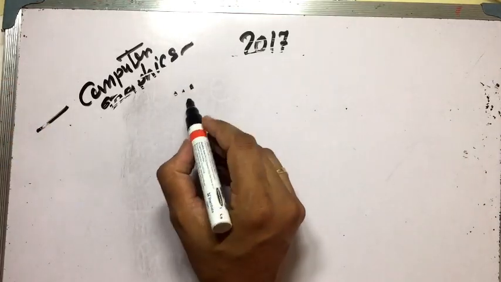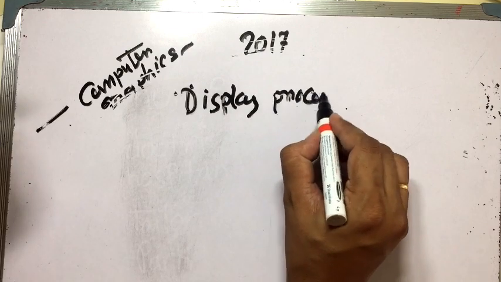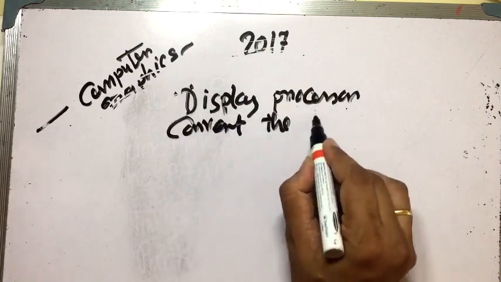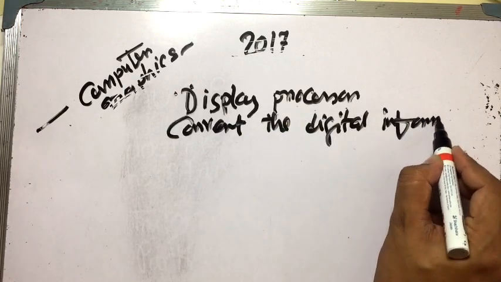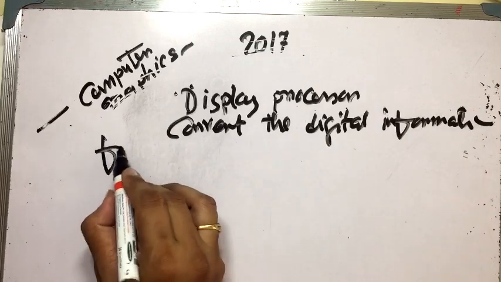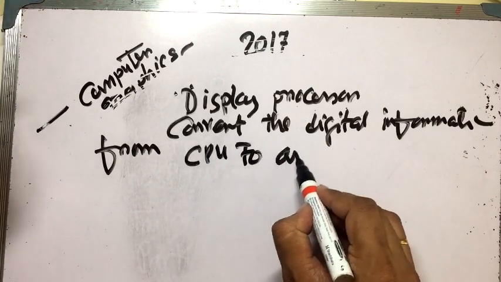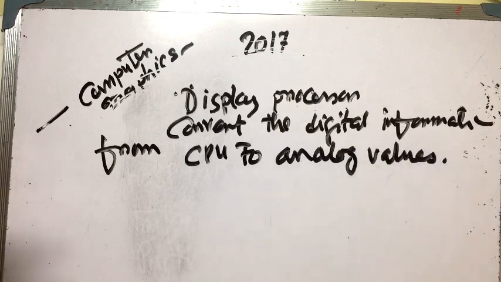Display processor converts the digital information from the CPU to analog values. So it is the conversion of digital to analog values. And the diagram is like this.